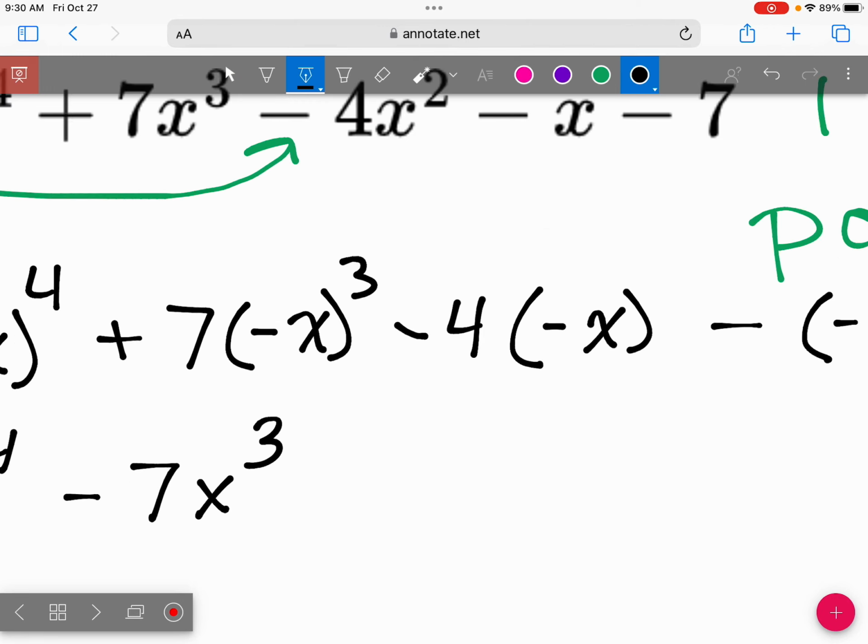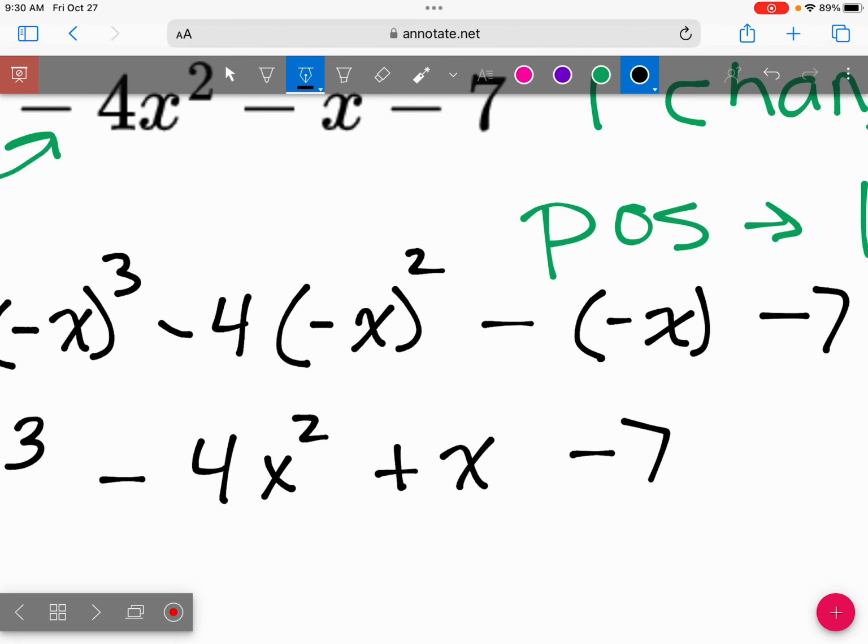Minus 4 times the opposite of x squared, minus 4x squared, because this negative sign winds up canceling out with itself. That one still is in play. Minus the opposite of x, plus x. Good. And then minus 7 is just coming on down.